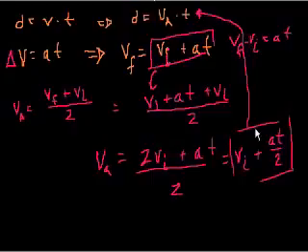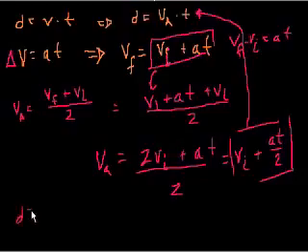Then, before I almost ran out of time, I said I'm going to take this formula for the average velocity. I really encourage you to play around with these formulas and derive them yourself, because it's going to pay huge rewards later on when you forget the formulas on your exam, but you can work it out anyway. So let's substitute this formula for average velocity back in.